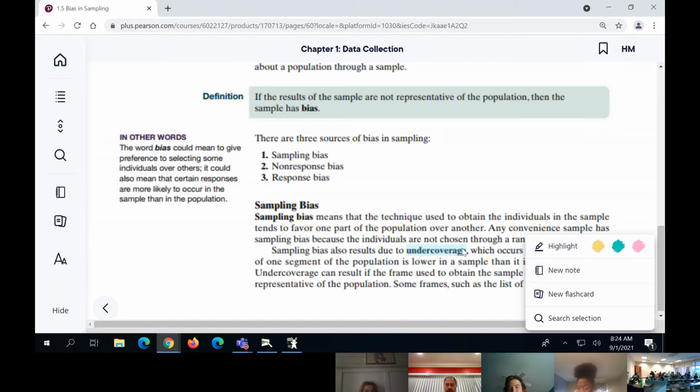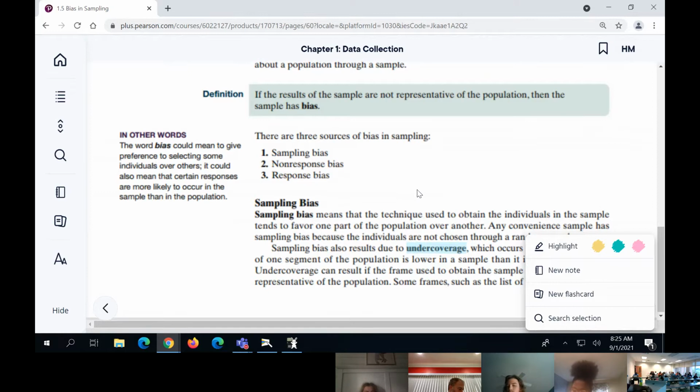So what was the problem there? You can't scrimp on your research. And if you do, it'll either get you fired or it could show a bias. I know some of y'all don't like to hear this, but you get out of it what you put into it. So make sure you don't undercover.